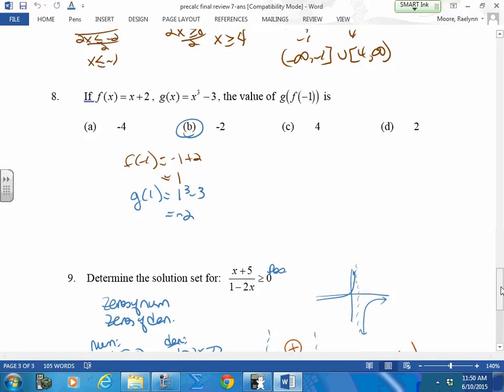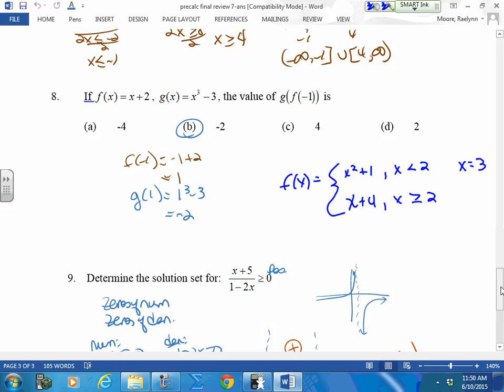Another thing. I don't know that we did this the other day. Piecewise. Just to throw this at you, for some reason. If I have a value, x is 3, what would I do if x is equal to 3?